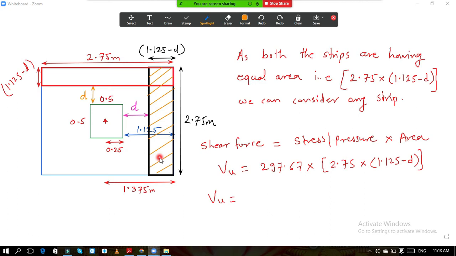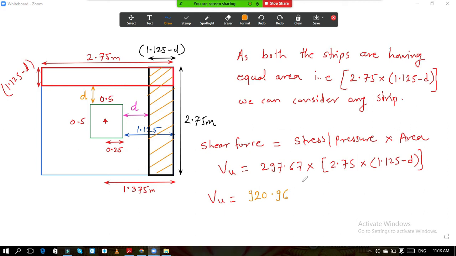Okay, so now moving further. Here if you multiply this 297.67 by 2.75, this will become one term, multiplied by 1.125. On my calculator the value is 920.91.